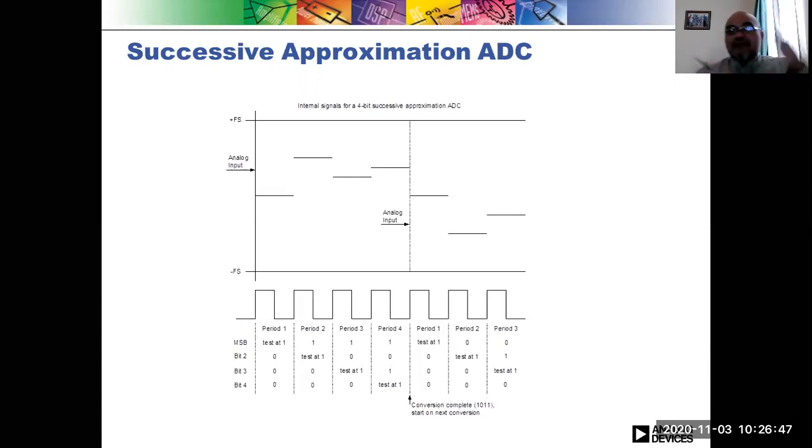So this is a trade-off. Usually, the higher the resolution you want, the longer your conversion time will be, so it's not as fast as before. If you want very fast, then usually you will sacrifice resolution.